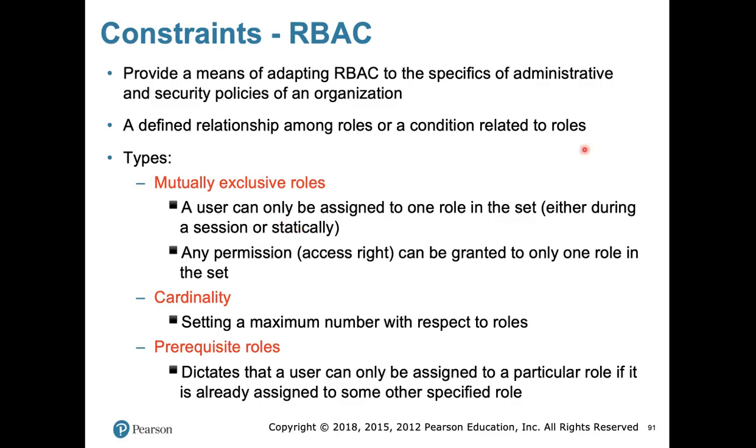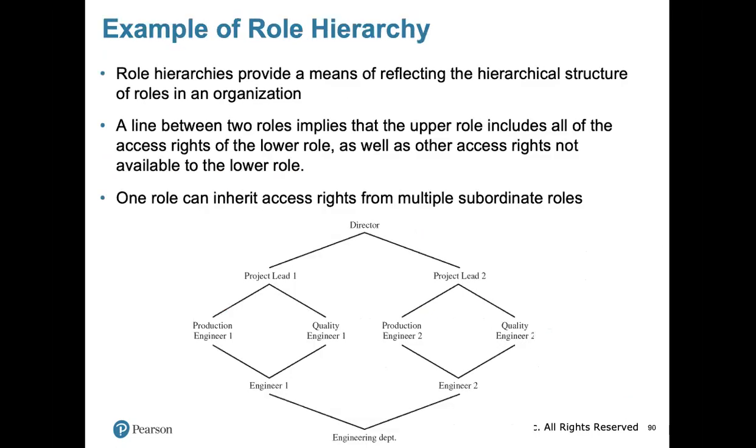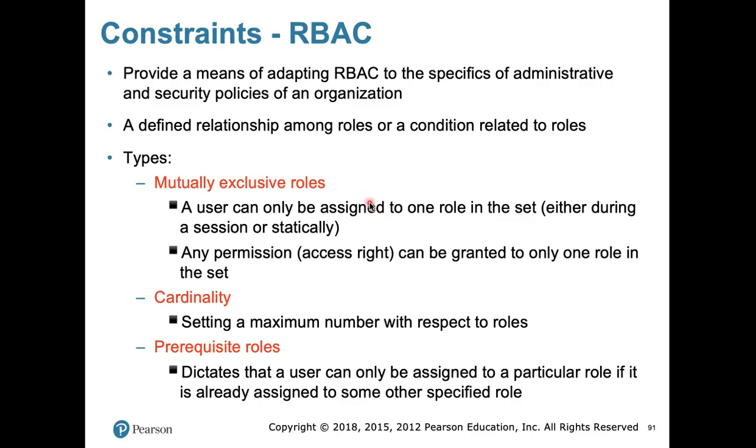And like I said, the example I showed you in the very first slide we started doesn't satisfy this constraint, because that third user, if you remember, is assigned to more than one role. So in our example, this constraint is not satisfied, but we may want to have this constraint in some situations.